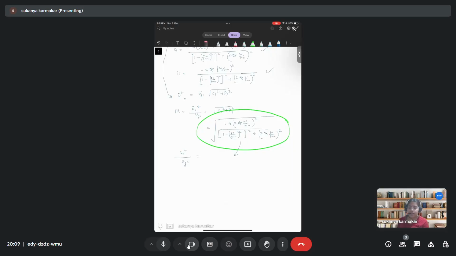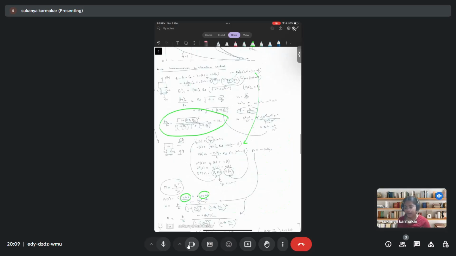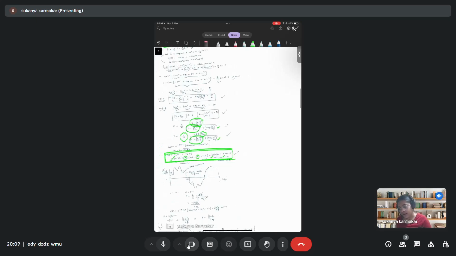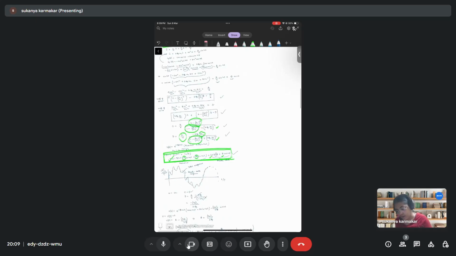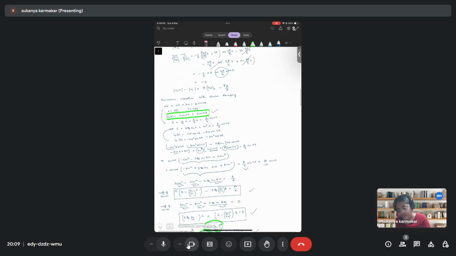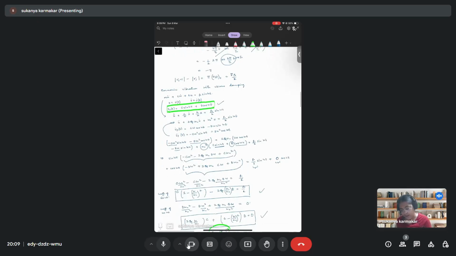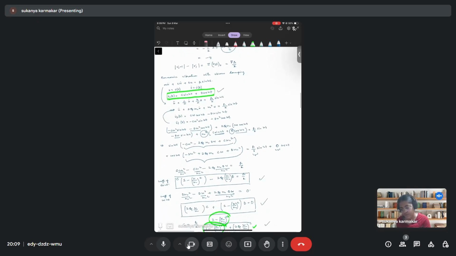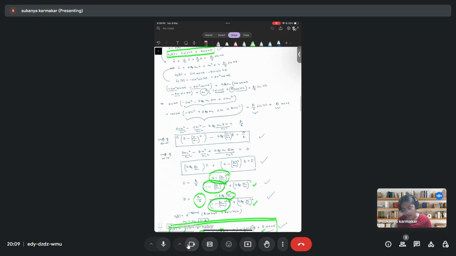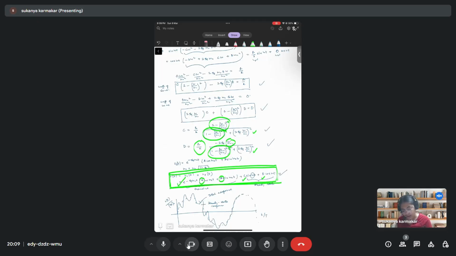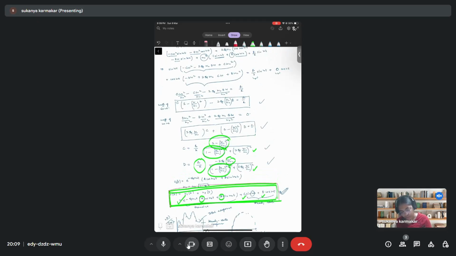There you are directly extending the solution for this equation, which we did. Harmonic force with viscous damping, we established the solution for P naught sine or cos omega t. You are directly extending this solution. If you have any doubt, you might ask, or any particular thing which you want me to highlight in the next class.